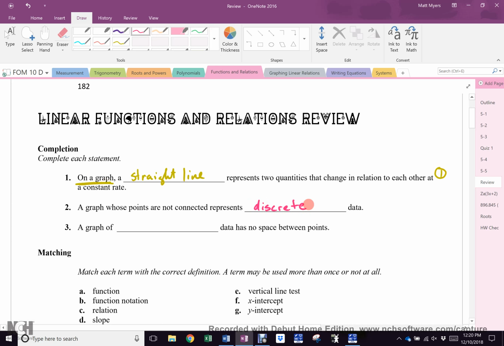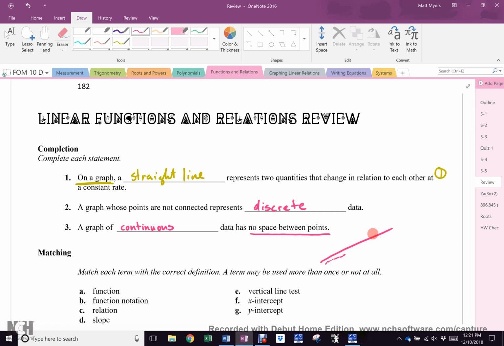And number 3, continuous. Now there's something I would like to point out here. This is the actual definition of continuous data. The reason we are making a serious point about this is because a line is nothing more than an infinite amount of dots placed so close together it appears to be a straight line, just like a cartoon.